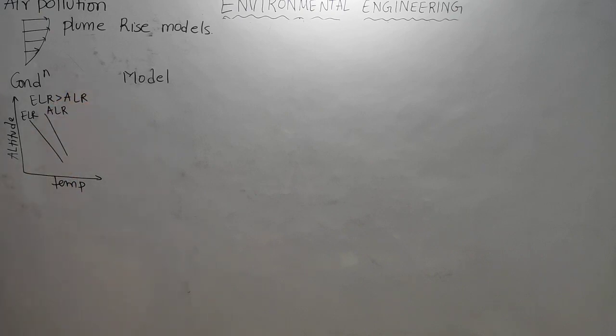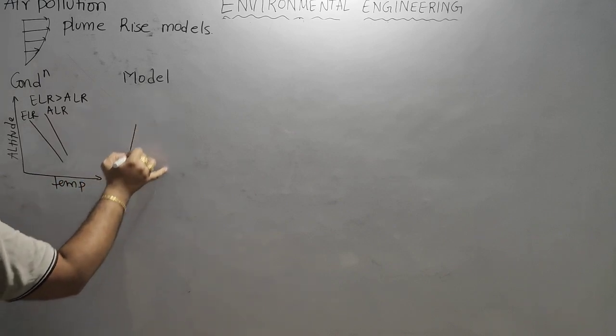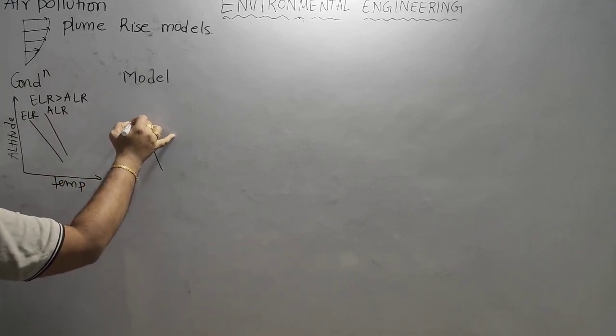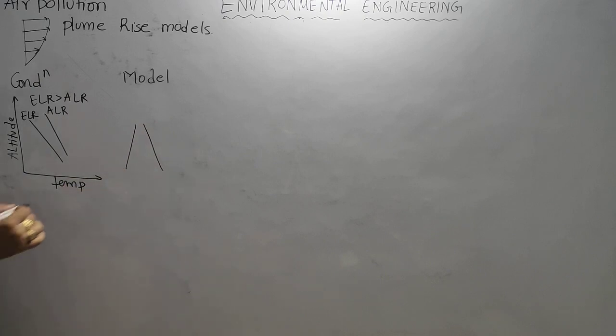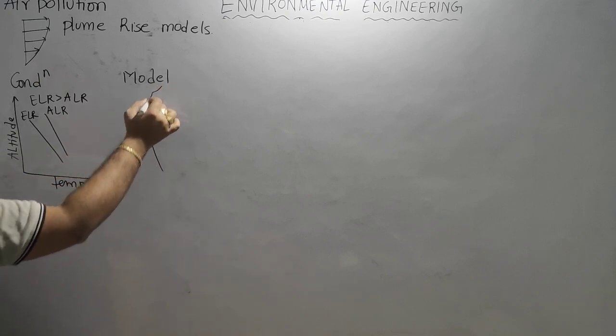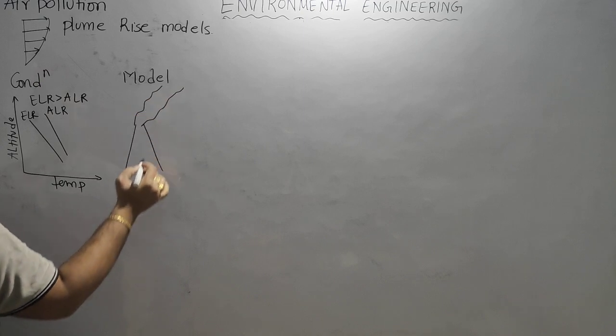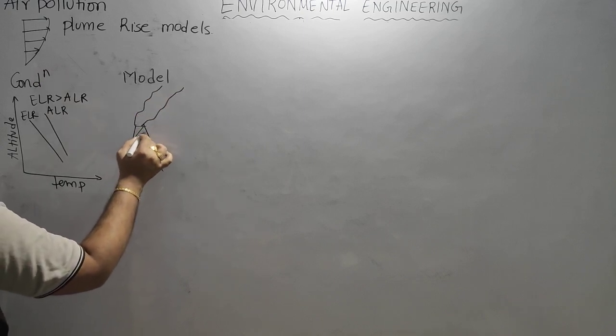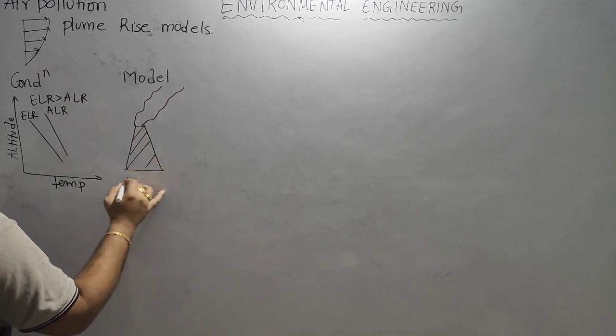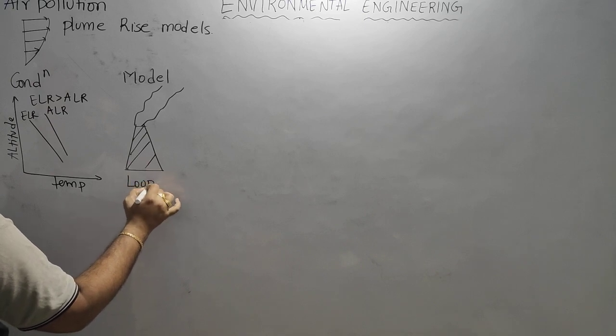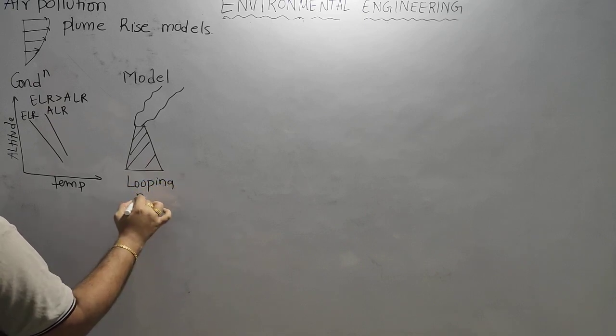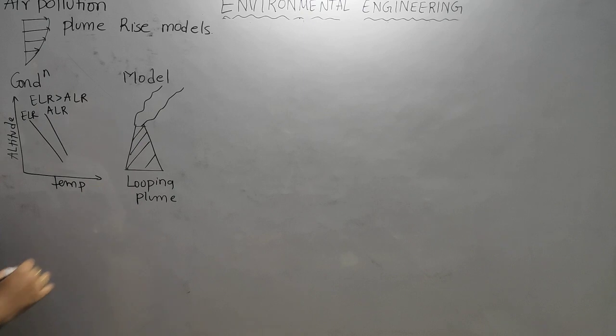Then a looping plume will come. The looping plume will look like this. This is called a looping plume.